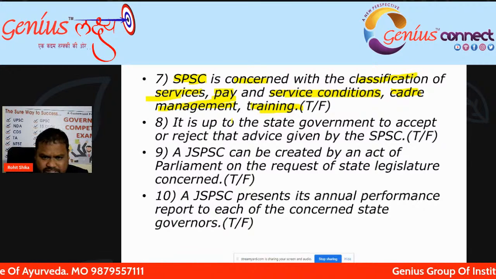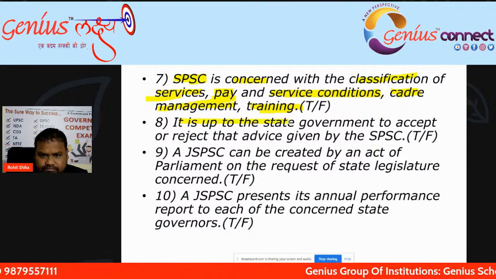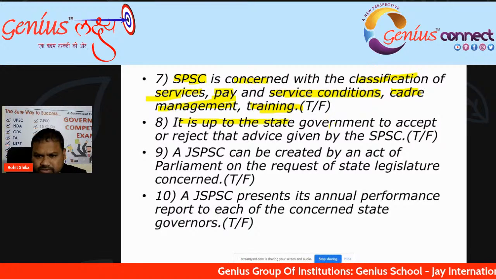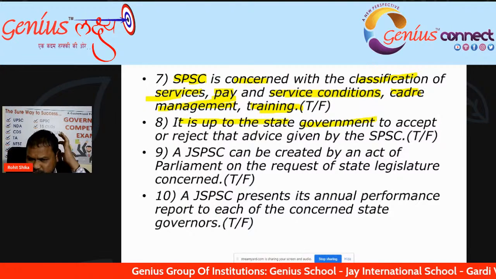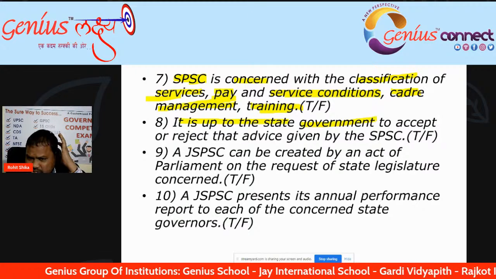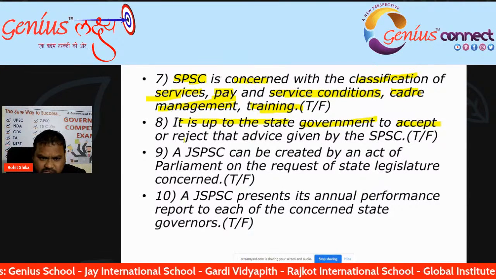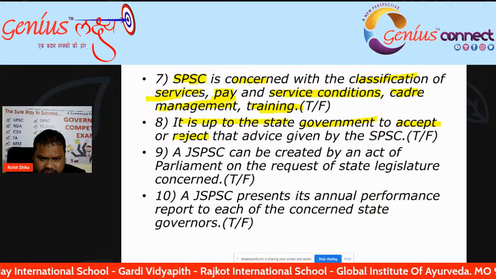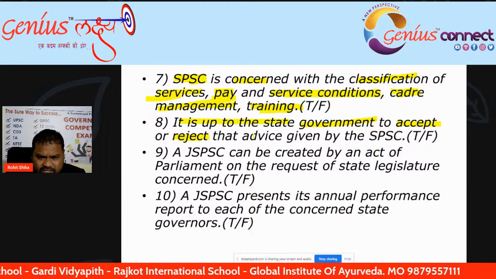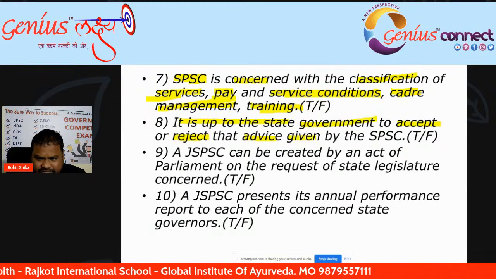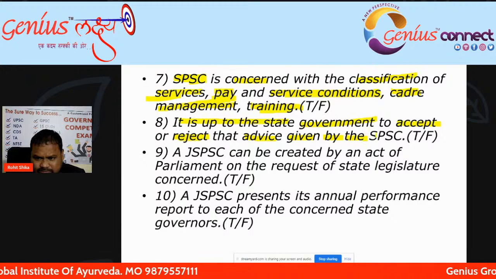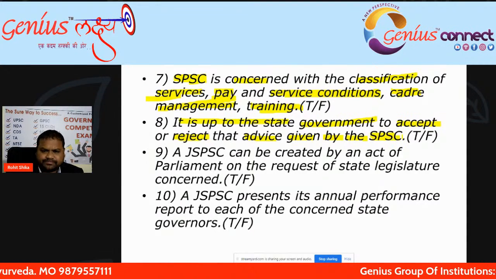It is up to the state government to accept or to reject that advice given by the State Public Service Commission.